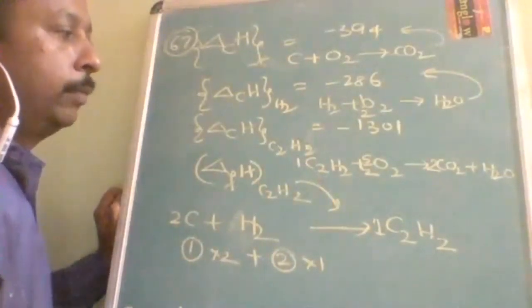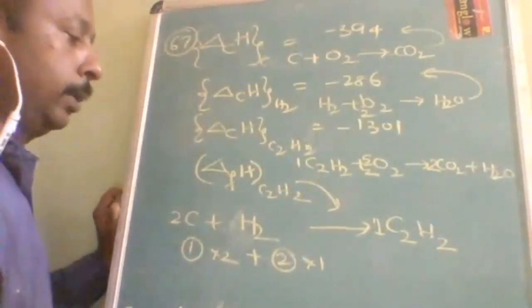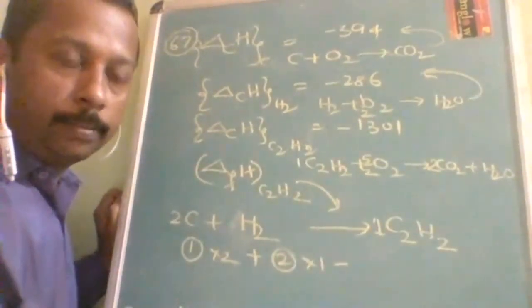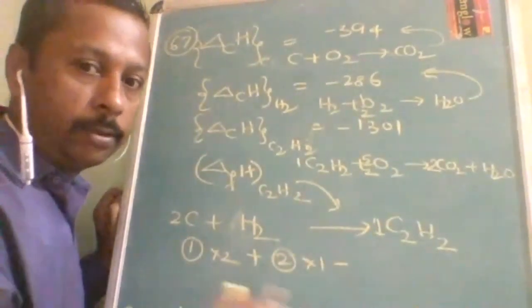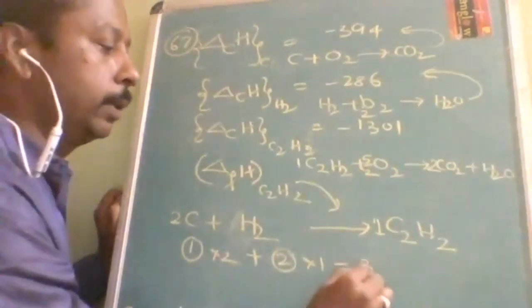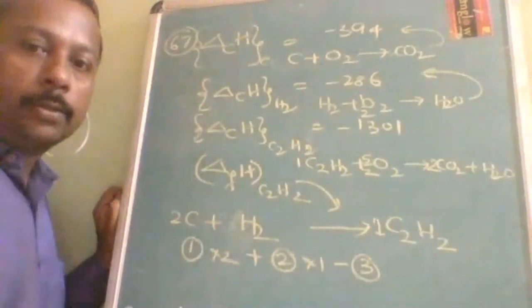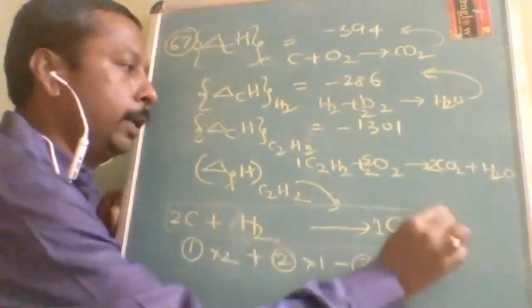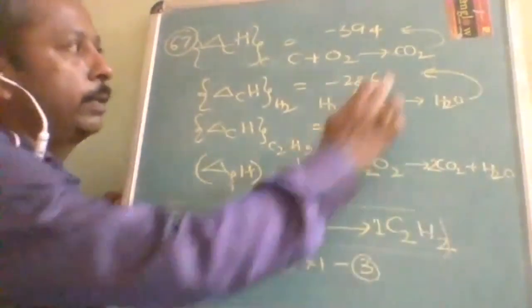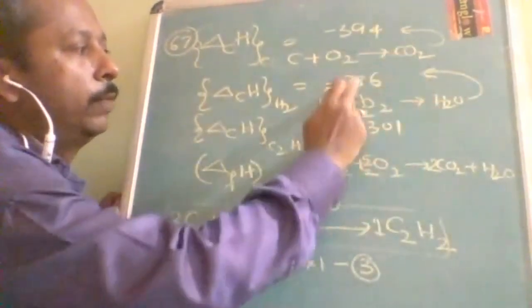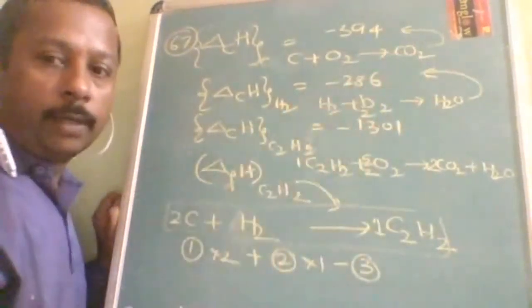Then what you will do? Minus. When you want to change the direction, right hand to left hand, simply multiply that equation with minus, the third one. So on simplifying you will form this equation. The answer of this question will be equation 1 value into 2 plus equation 2 value into 1 minus equation 3 value.